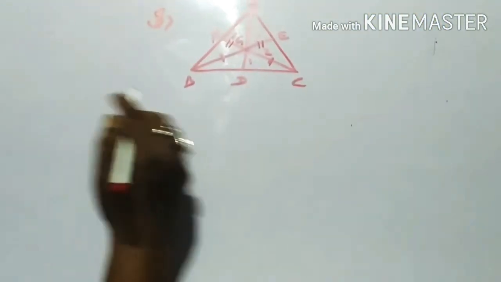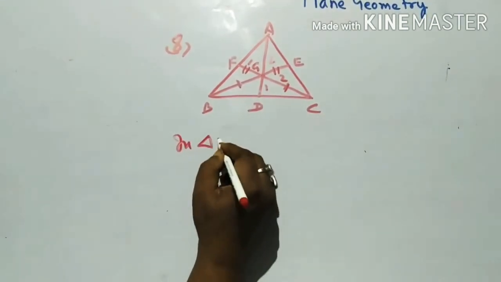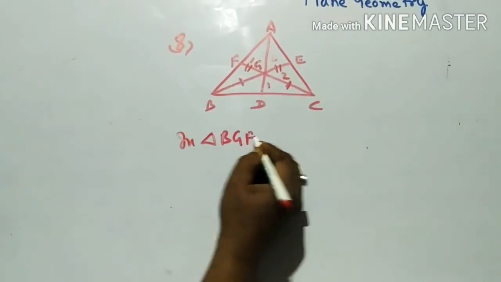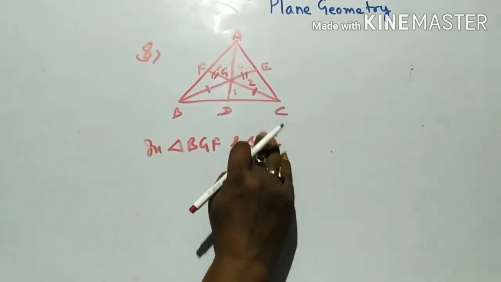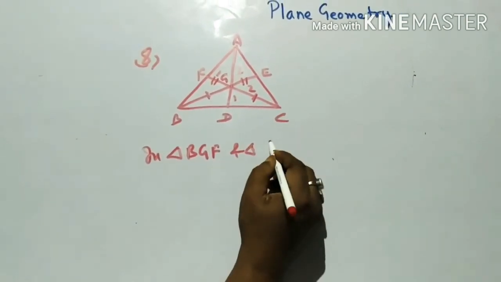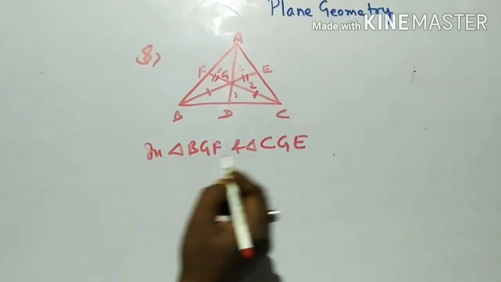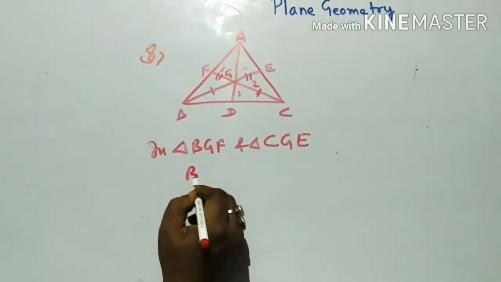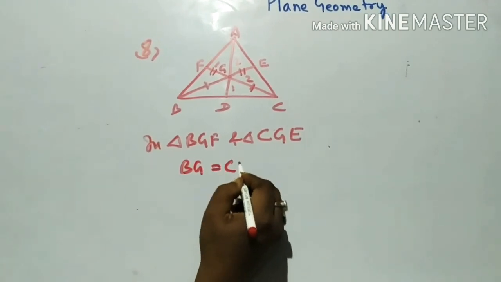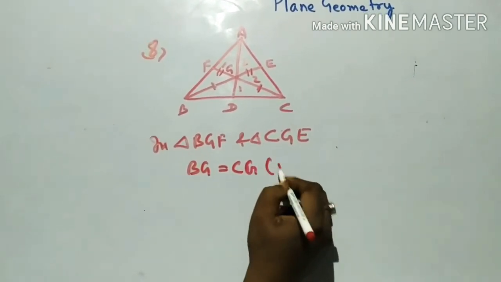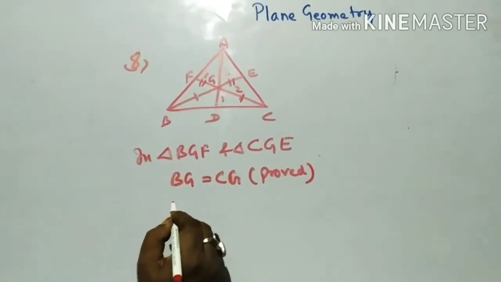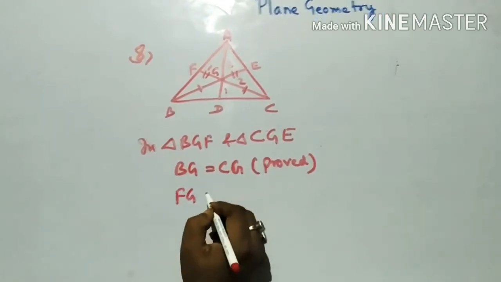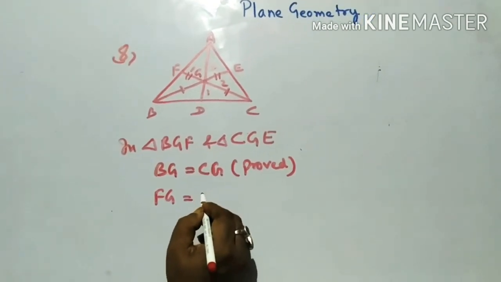Now in triangle BGF and triangle CGE, BG is equal to CG. We have proved this. Again, FG is equal to EG.